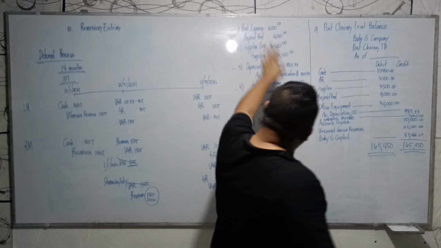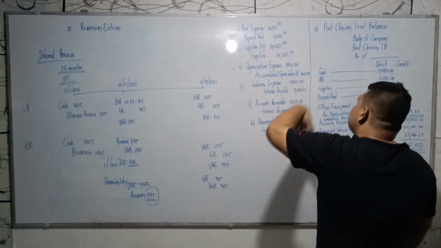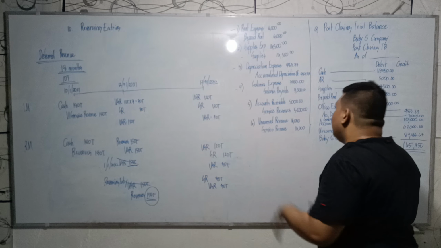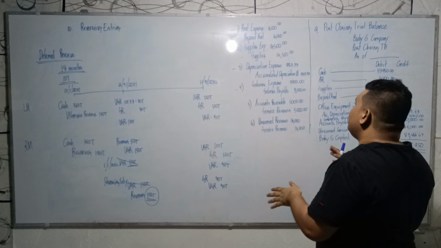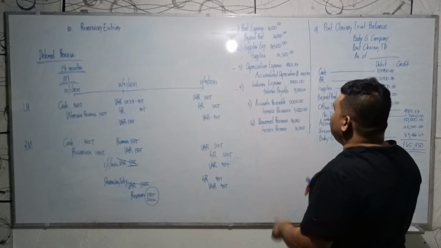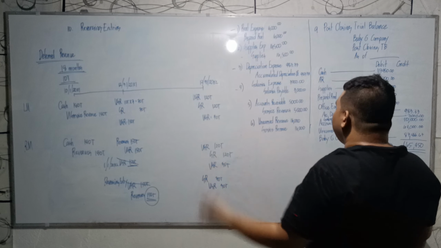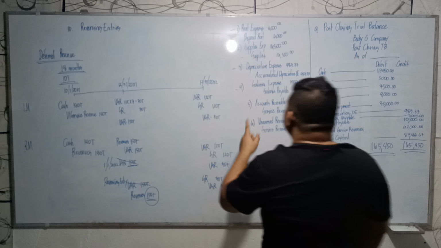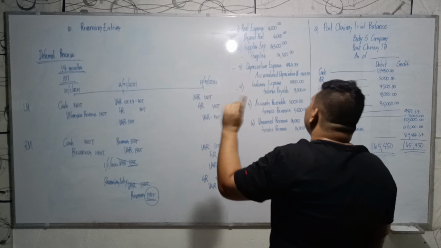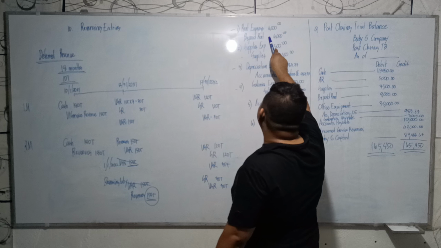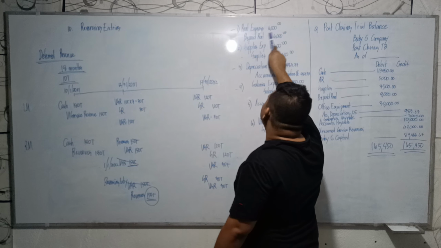So in this particular adjustments of Baby G company, which of this should be reversed? Of course, the adjustment number 1 is not to be reversed because this is an adjustment of a deferred expense using asset method. Because what you recognize at the end is the expense part.